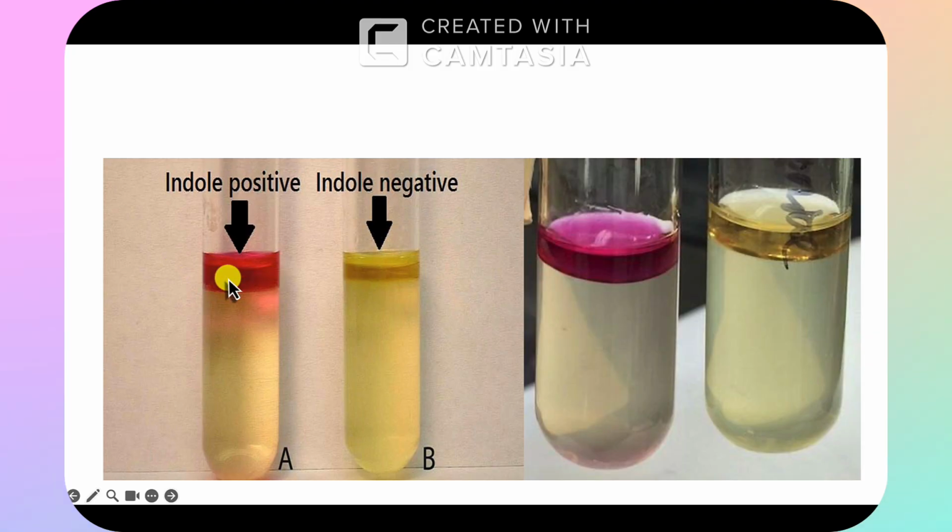Why does it appear? As I explained, indole in this media, produced by E. coli, combines and reacts with the Kovacs reagent, giving this ring and this color from yellow to cherry red, and this is positive, of course. So E. coli is positive, and the other members of Enterobacteriaceae are negative.